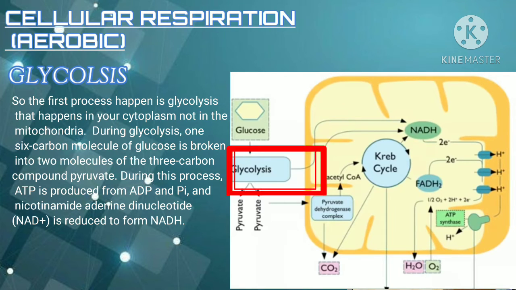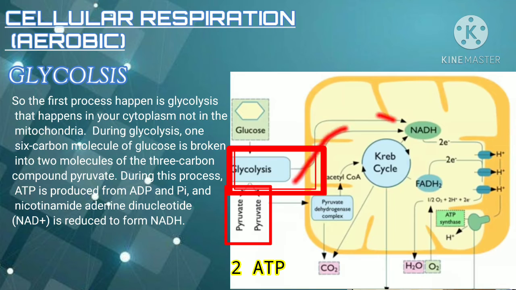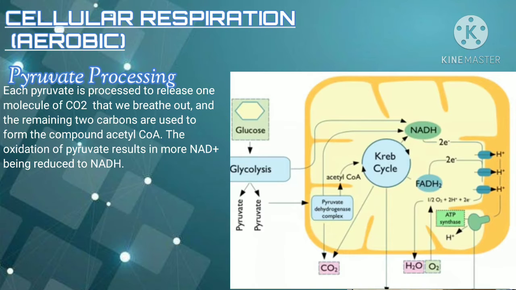During glycolysis, one 6-carbon molecule of glucose is broken into 2 molecules of the 3-carbon compound pyruvate. During this process, ATP is produced from ADP and P, and nicotinamide adenine dinucleotide, NAD+, is reduced to form NADH.